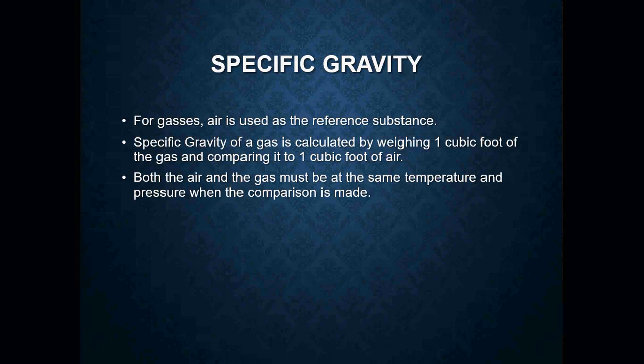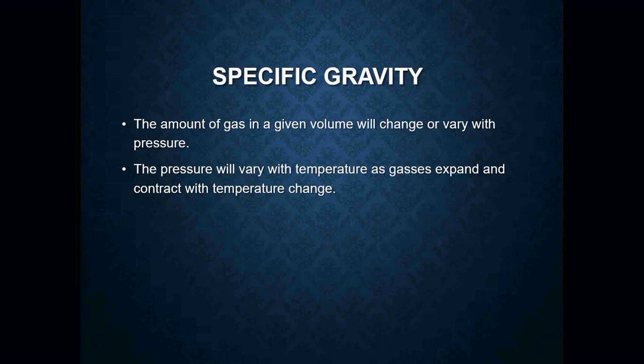For gases, air is used as the reference. Specific gravity of a gas is calculated by weighing 1 cubic foot of gas and comparing it to 1 cubic foot of air. Both the air and the gas must be at the same temperature and pressure when that comparison is made.